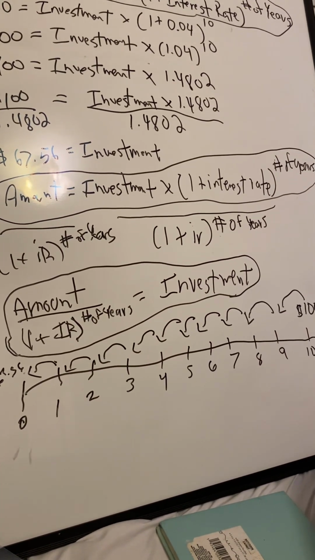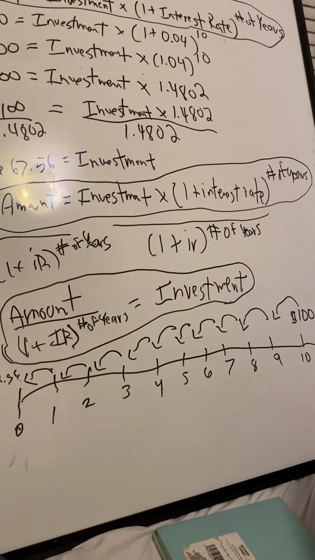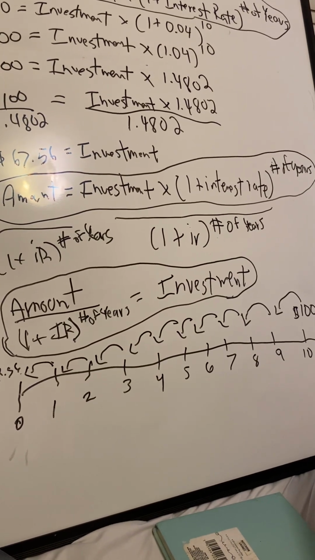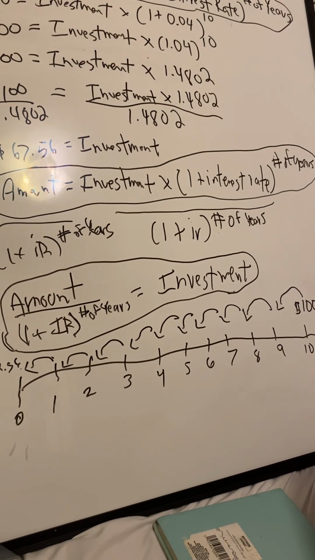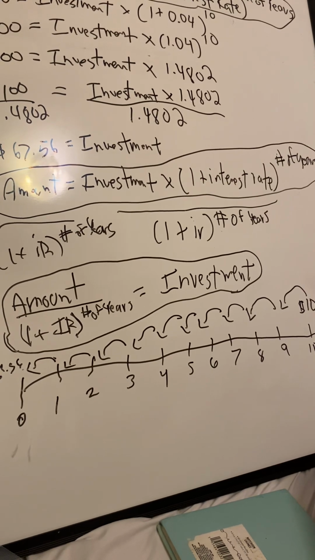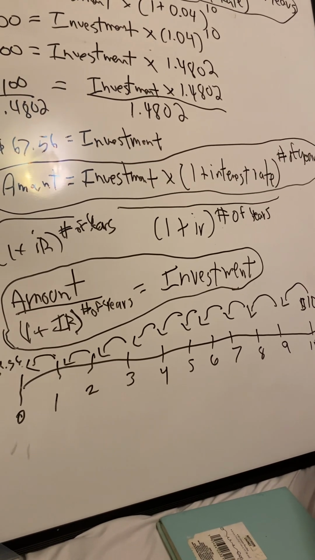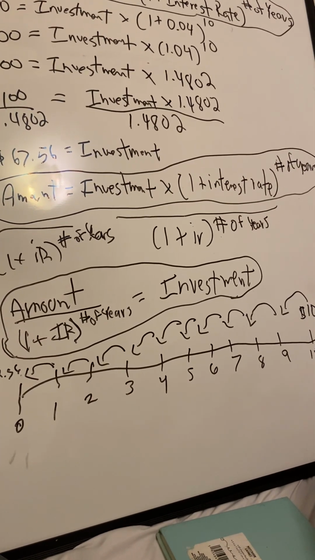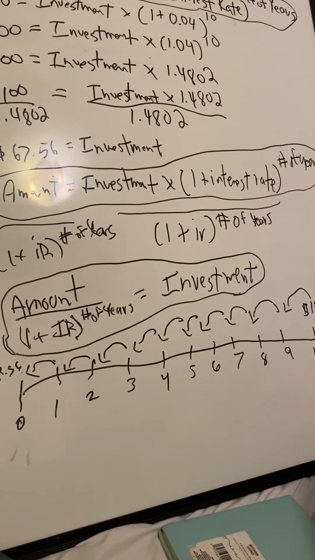When we're going the other way and we want to find out what $100 in 10 years would be worth today, we would divide by 1 plus the interest rate for however many years, which in this case would be 10. So when we're trying to accumulate and figure out future value, we multiply. When we try to figure out present value and go backwards in time, we divide.